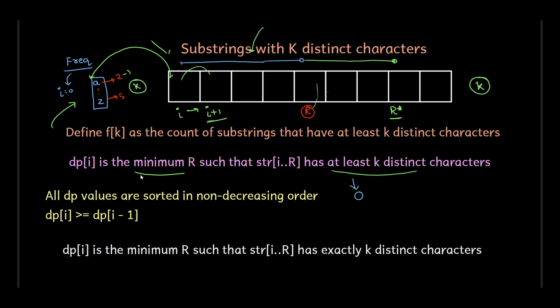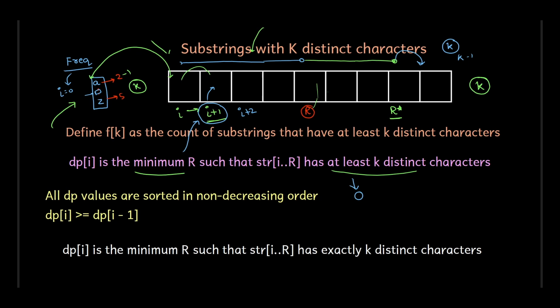So in this manner, you can find out what is the DP value of I plus 1, and once you have done that, you migrate from I plus 1 to I plus 2, and when you do that, you remove one occurrence of the element at this position from your map, and if your number of unique characters had gone down from k to k minus 1, then you keep increasing your right pointer, and as soon as you add one element in your right pointer, you increment its frequency in the map by 1.